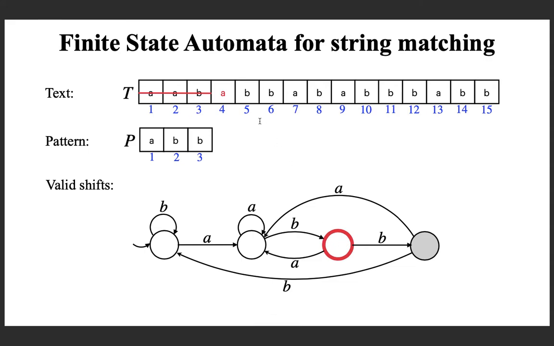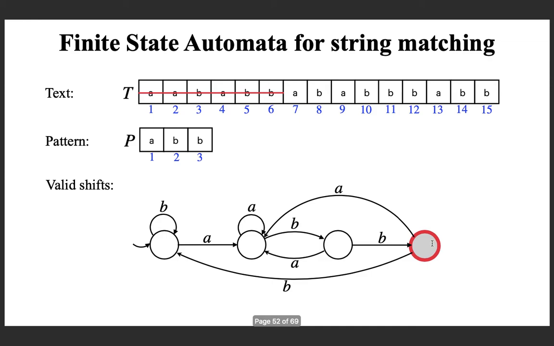Now you are here and you are going to read a small a. You will go back to this state. What is next? You are here reading a b. So, now you are going right and coming to this state. Now, you are in this state and you are reading small b. You are asked to move to this state.